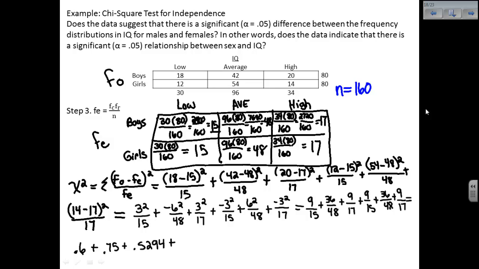And since we have the same pattern happening again, 9 divided by 15 gives you 0.6, 36 divided by 48 gives you 0.75, and 9 divided by 17 gives you 0.5294. You add all those together and you end up with a chi-square of 3.759.